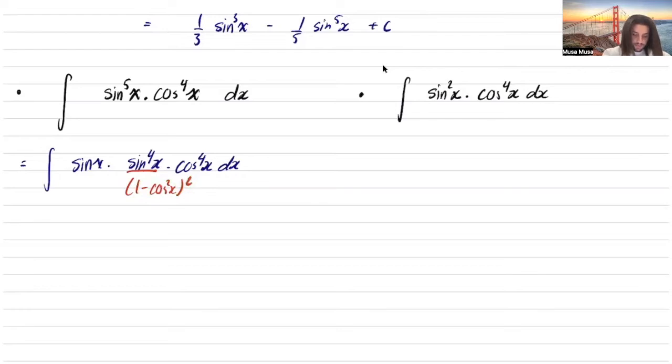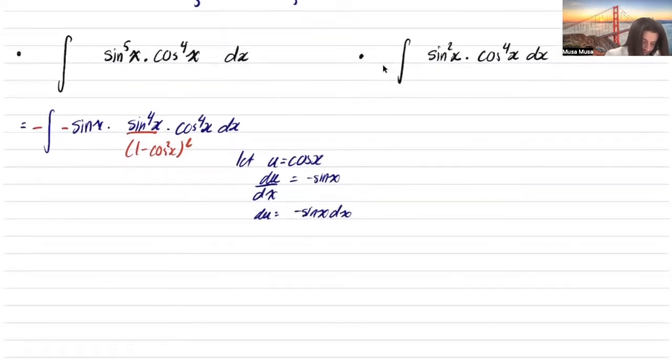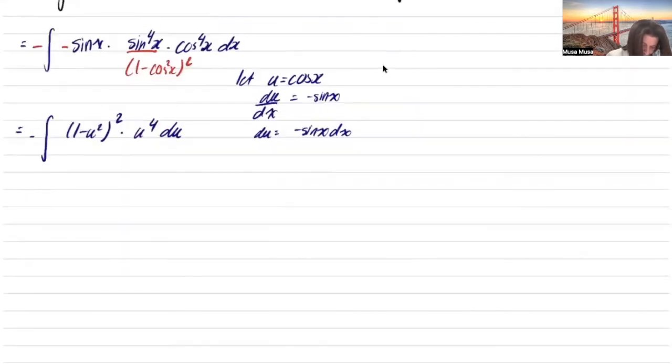So sine to the 4. Perfect. Now I'm going to let u equal cos x, because I want to save myself from writing out all those cosines. Then du on dx equals minus sine x, which means du equals minus sine x dx. That means I just need a negative there and a negative there. And this becomes negative of the integral of 1 minus u squared to the power of 2 times u to the power of 4 du.